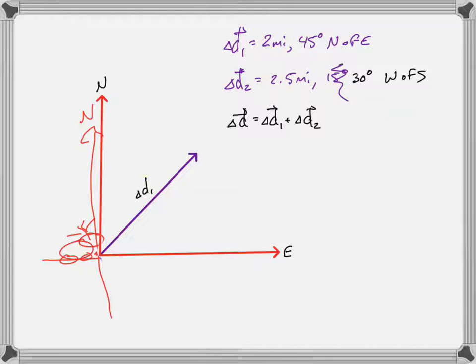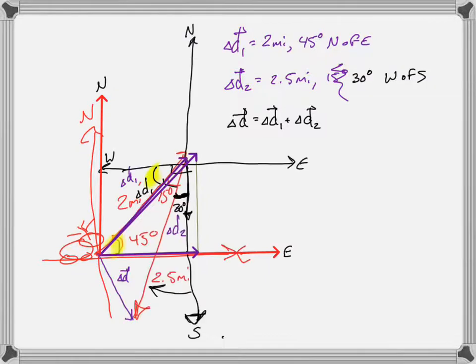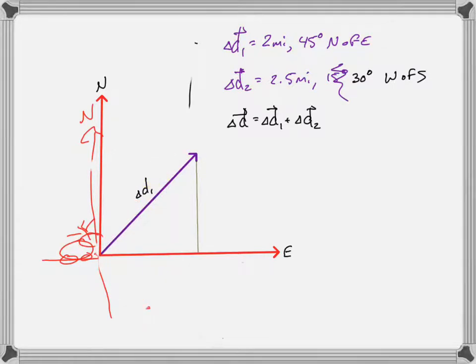Okay, I've redrawn that a little neater, so hopefully you can read it. Now I'm going to drop the perpendicular down to the axis. There's the perpendicular, so that you can do the x component and the y component of delta d1. Draw the x component there and the y component there, right?